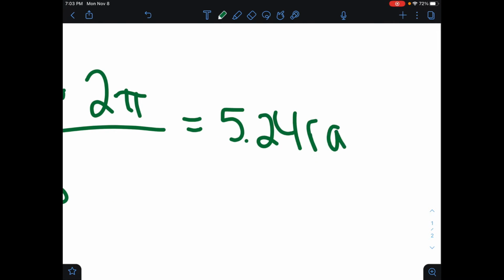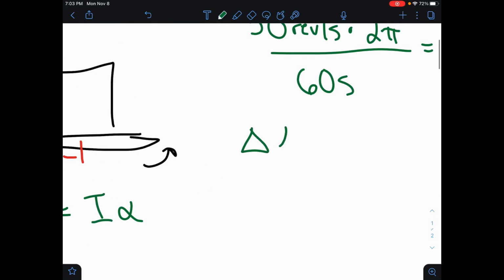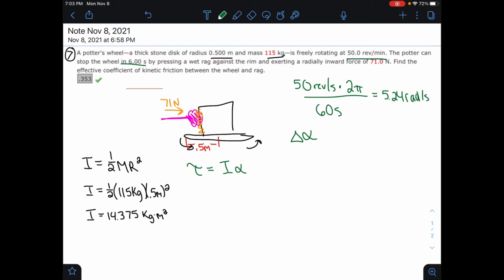radians a second. But that is not what we plug in, because this is occurring over 6 seconds, not 1 second. So we actually have to find our change in angular velocity. It's freely rotating at 50 rpm, then we're stopping the wheel in 6 seconds, so it's going to be at 0.